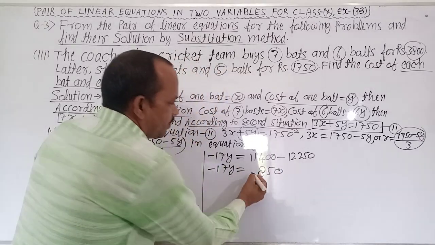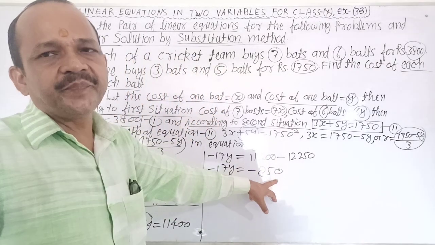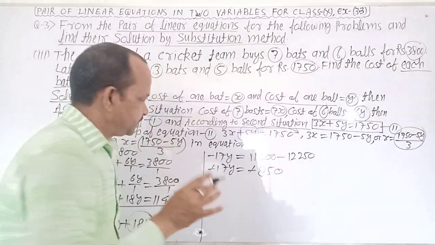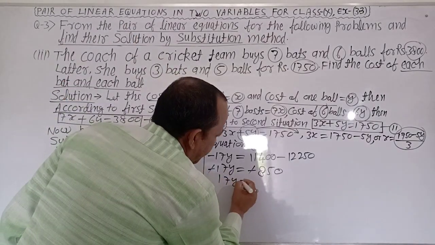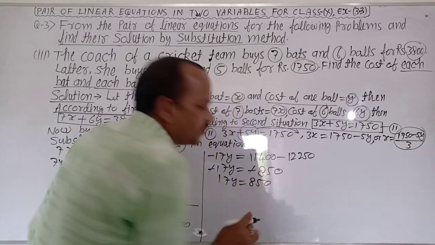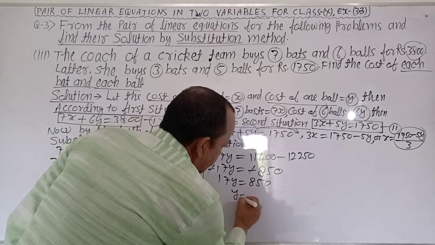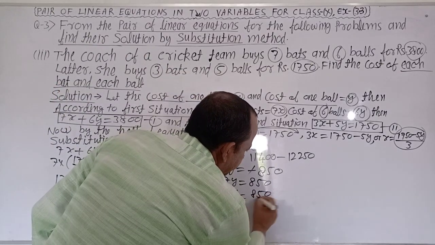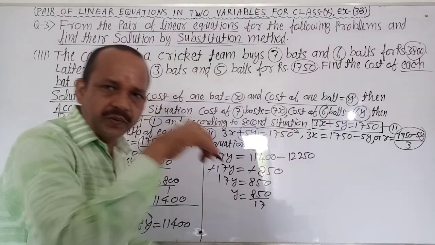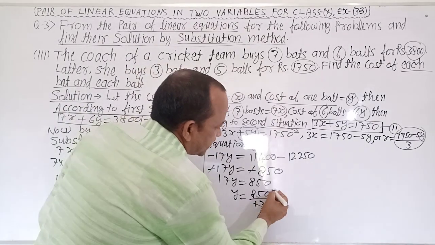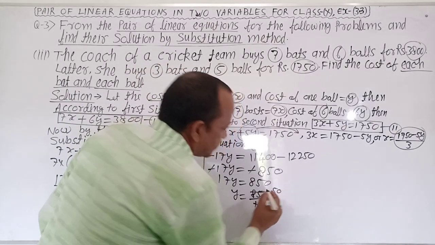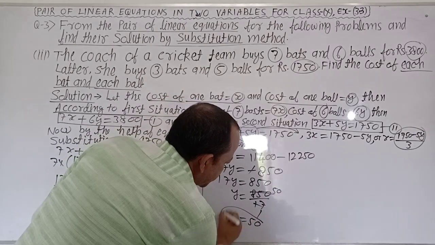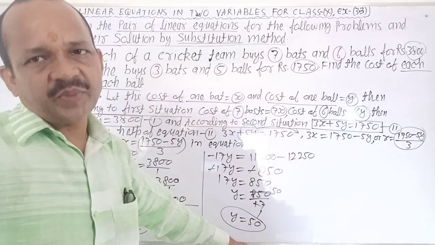It becomes minus 850. You can cut minus and minus. 17y equal to 850. y equal to 850 upon 17. You can cut it. 17 ones are 17, 17 fives are 85. y equal to 50. You find y equal to 50.